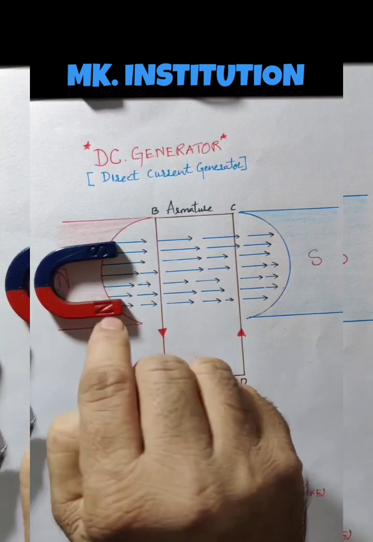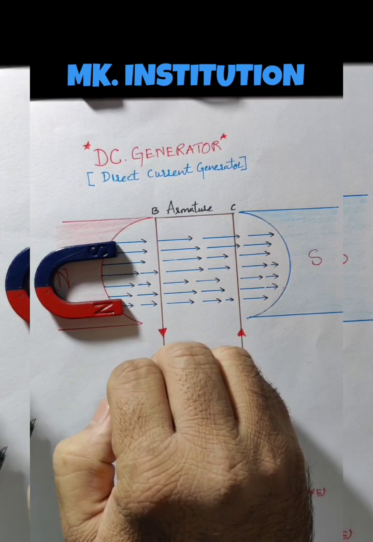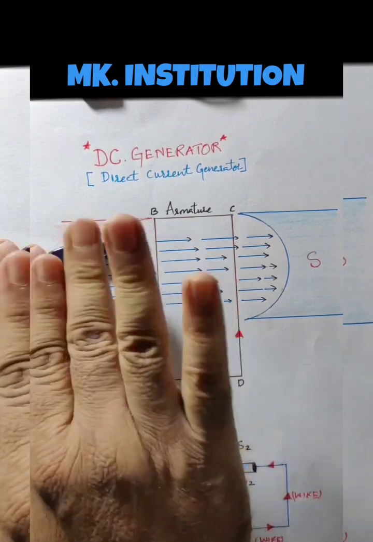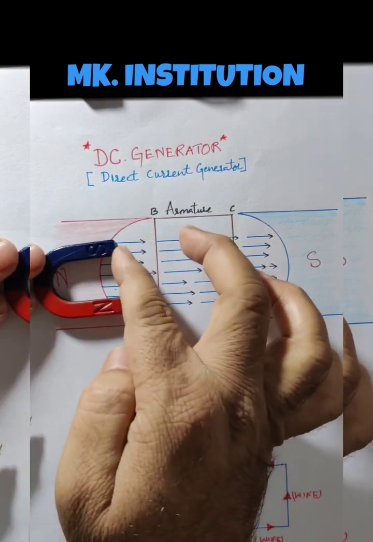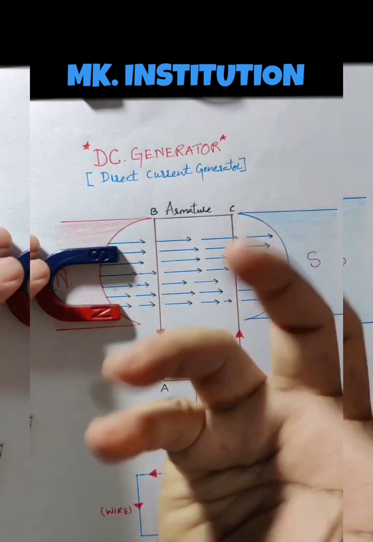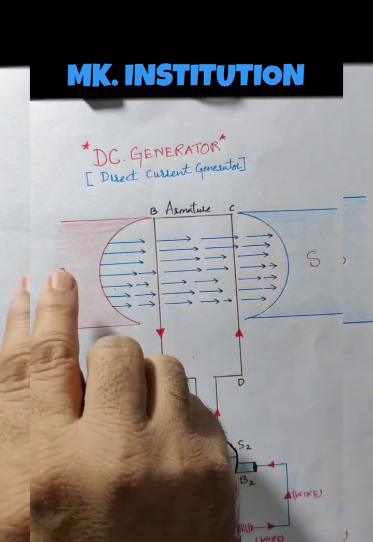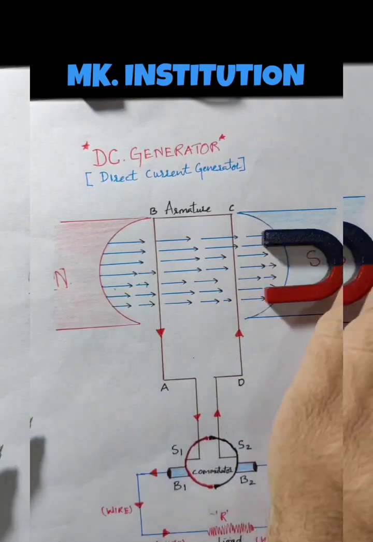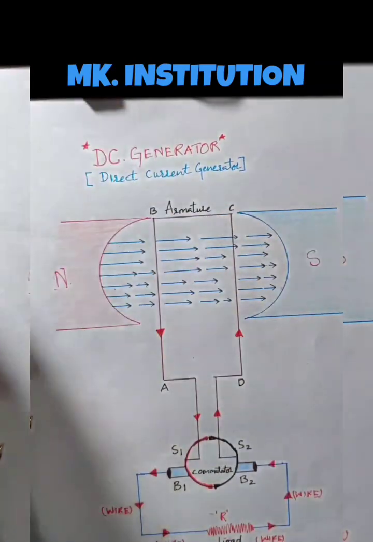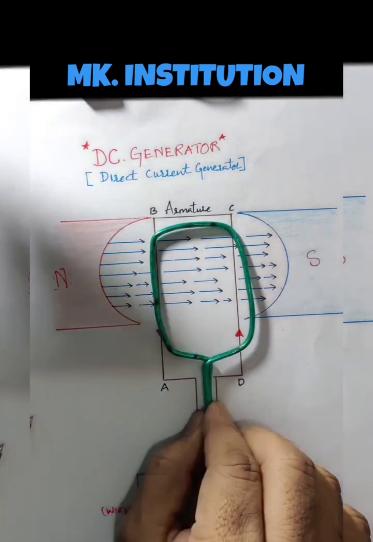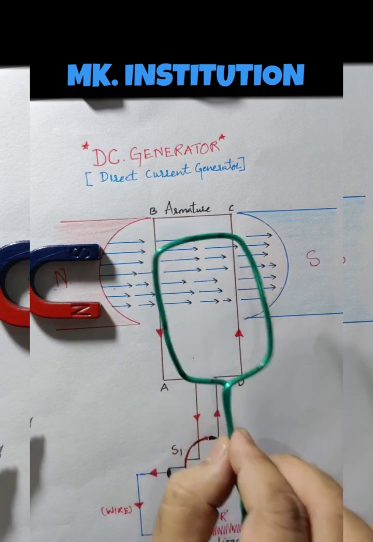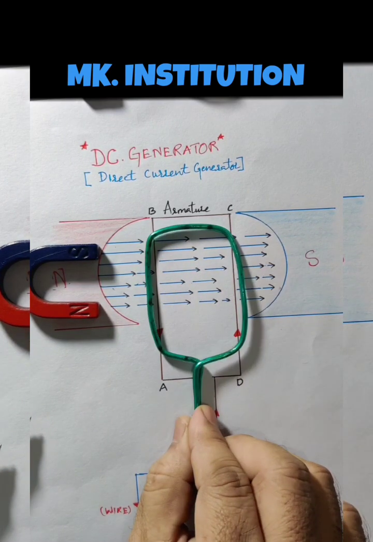Actually that magnet will be totally different, bigger and highly powerful. The curve will be there, inside it will be totally filled, just like a ball. So we keep one magnet here and one magnet here, and in the middle we keep the armature.